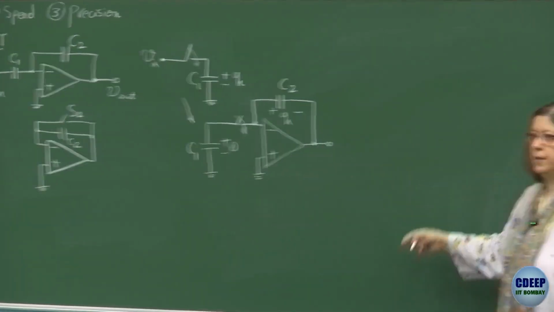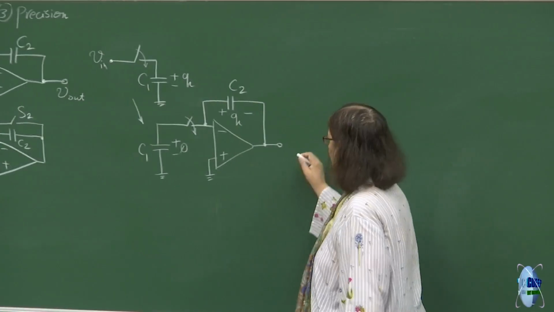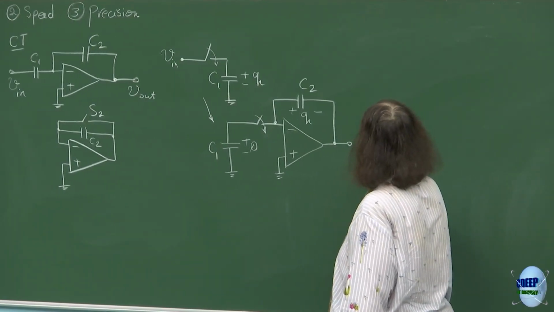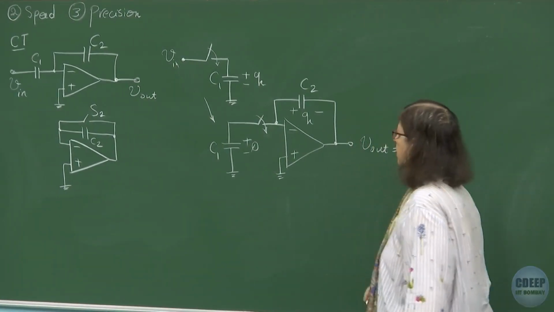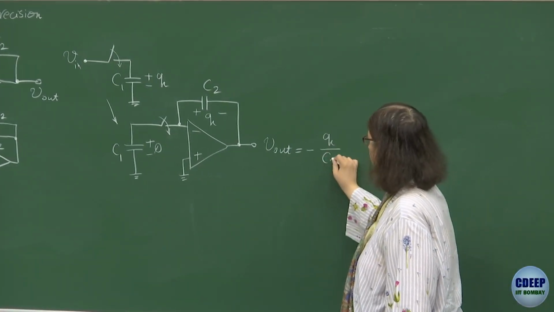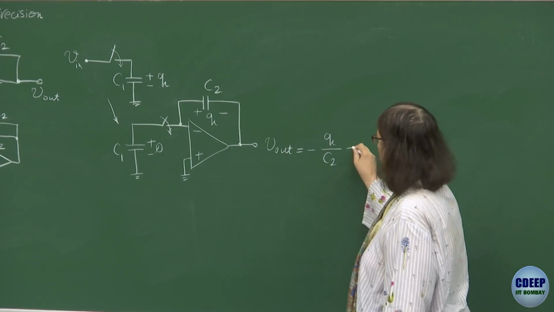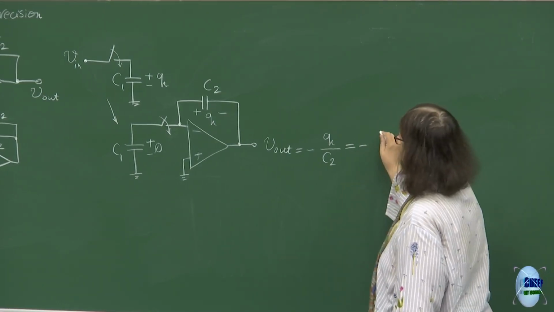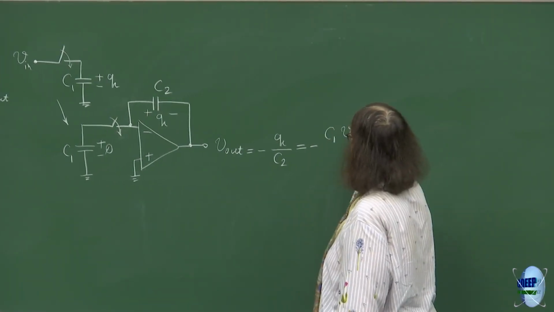Is that correct? So therefore, output voltage now will be minus Q upon C2. But Q actually was C1V.